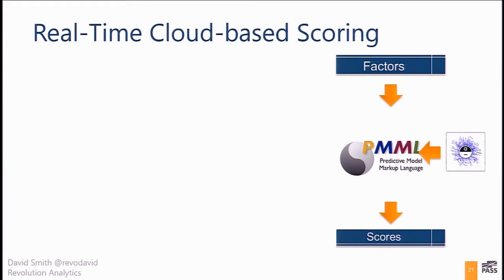The one restriction that I wanted to mention about PMML is that it doesn't work for all types of predictive models. There's a very specific set in the PMML standard that works with PMML. But a lot of people today are using much more advanced predictive models, particularly ensemble models.